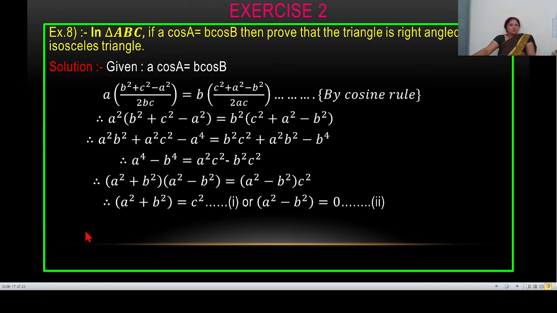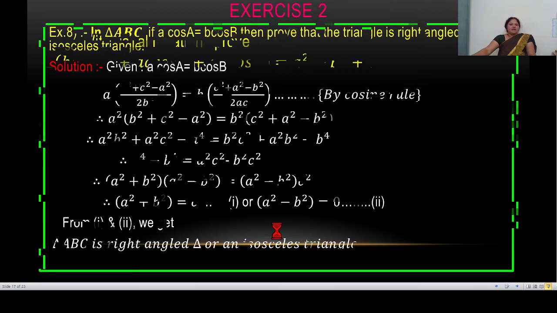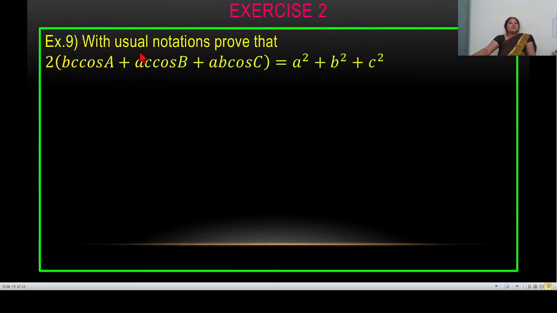Therefore a equals b, and we get triangle ABC is right angled or an isosceles triangle.